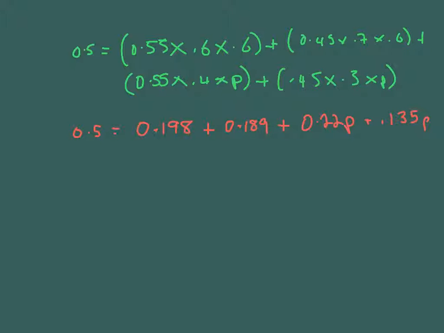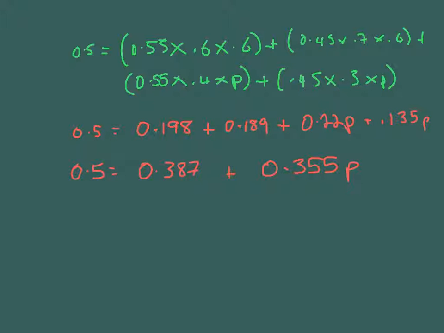Now we collect our like terms. Let's add up the first two numbers. So we have 0.5 equals 0.387, which is the 0.198 and the 0.189 added together, plus 0.355P, which is the 0.22P and the 0.135P added together.